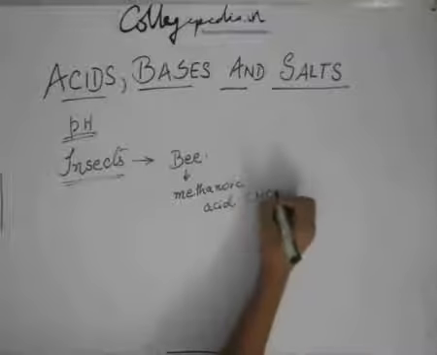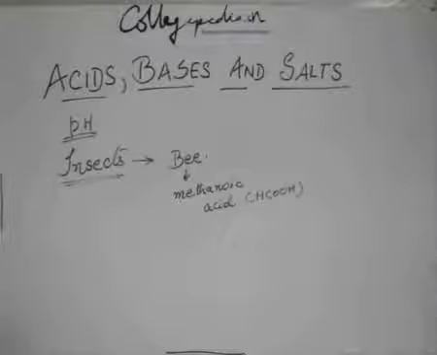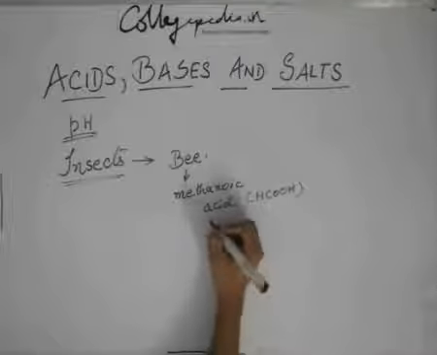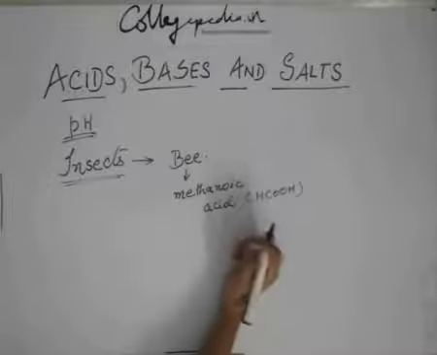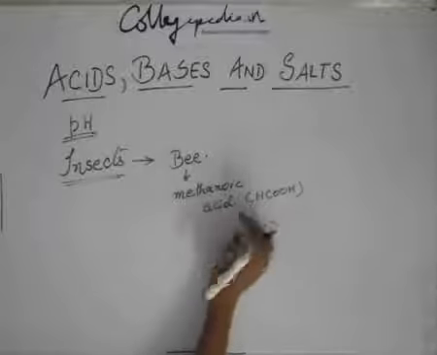Methanoic acid is HCOOH. So when this bee secretes this acid, it attacks our skin, and we have that burning feeling of the bee sting. That is nothing but the methanoic acid.